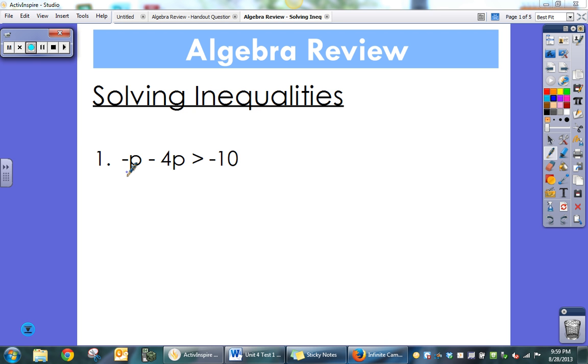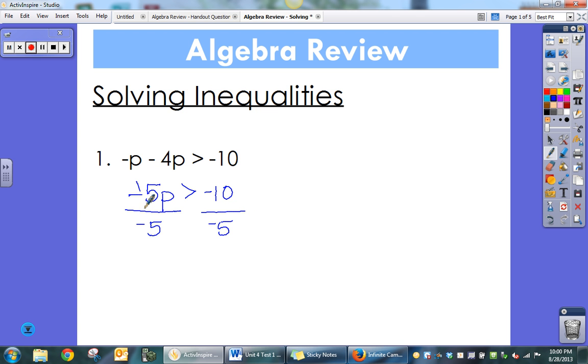In this case, both of my variables are on the same side, so all I have to do is combine them. Negative 1p and negative 4p combine to be negative 5p is greater than negative 10. In order to get that p by itself, I'm going to divide both sides by negative 5.